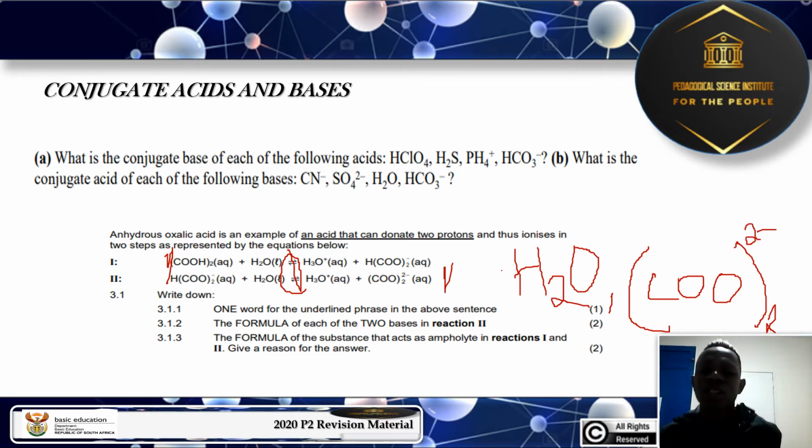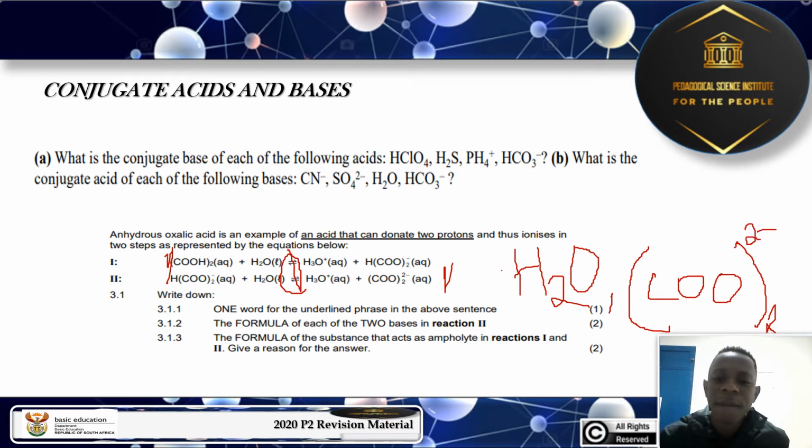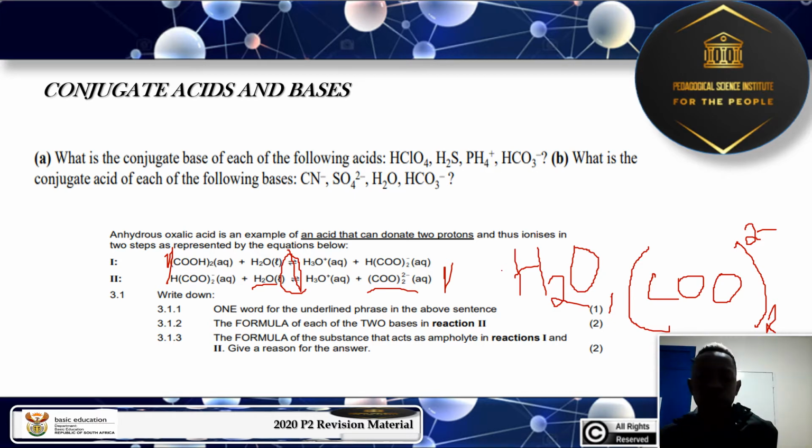Those are the 2 bases that we have: H2O and C2O4 2 minus. You are just applying Lowry-Bronsted theory; it is the one that is going to tell you which one.